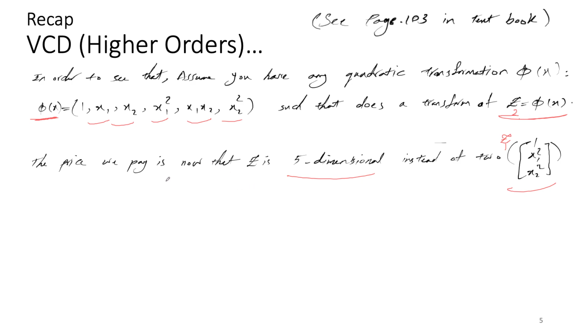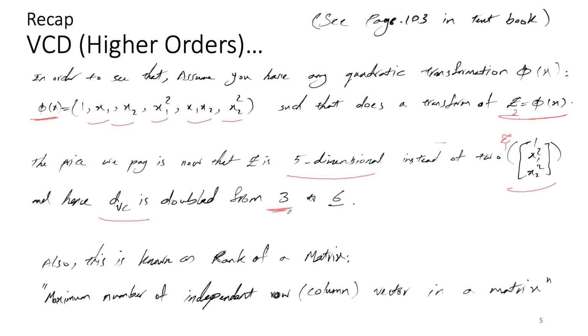So the price we pay for having a second order is that Z is 5-dimensional instead of 2-dimensional. And thus, your VC dimension is doubled from 3 to 6. This is one way to see it, which the textbook was describing on that page.